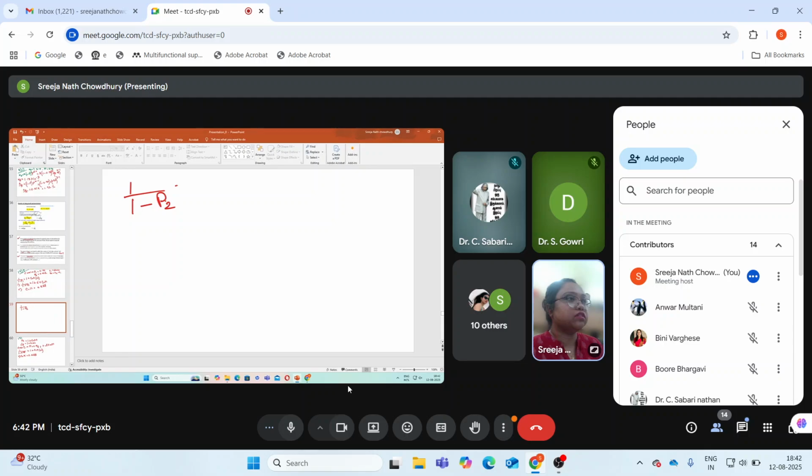So phthalic anhydride has an average functionality equal to 2.